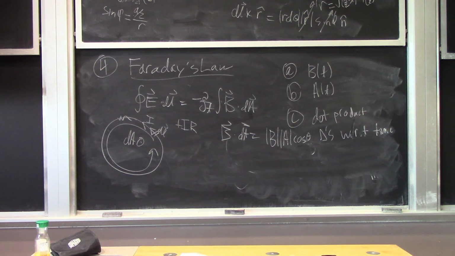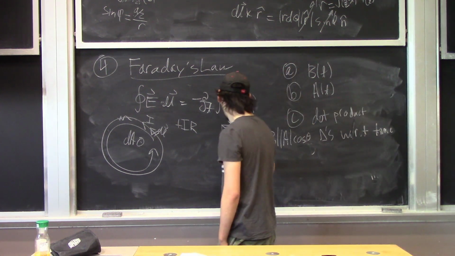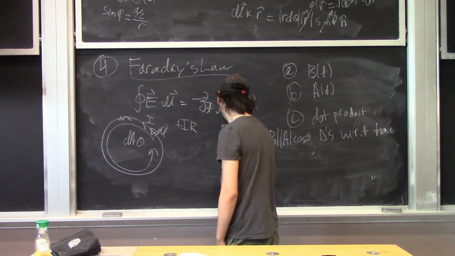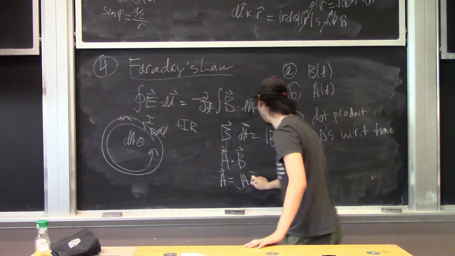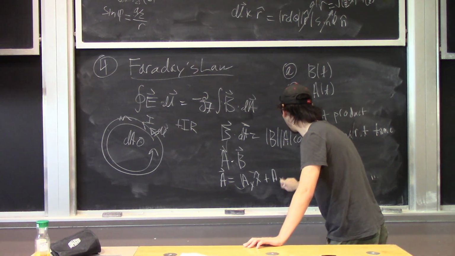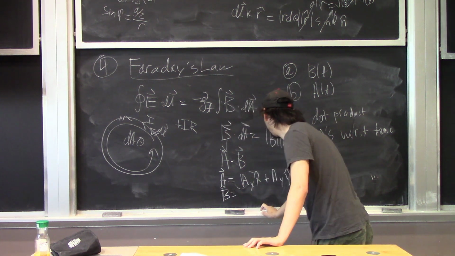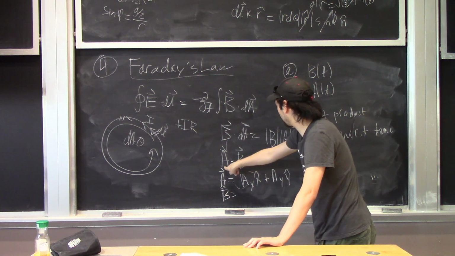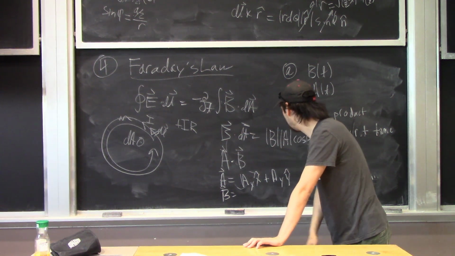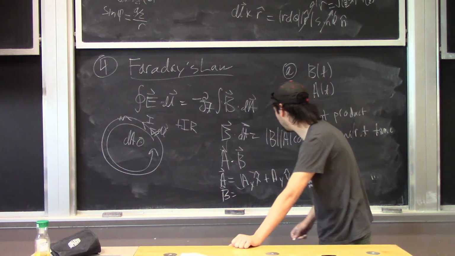Another equivalent way to define the dot product is if I have some vector A dotted with some vector B, where the A vector can be written in components AX x hat plus AY y hat, and B can be written in components BX x hat plus BY y hat. These are not really related to B and dA; I just made a choice to call them some arbitrary A vector and some arbitrary B vector.